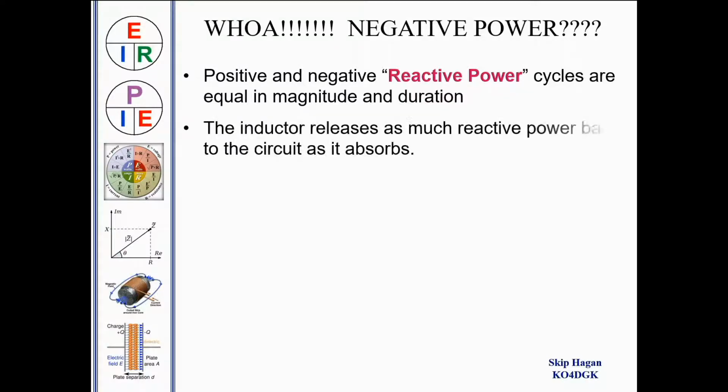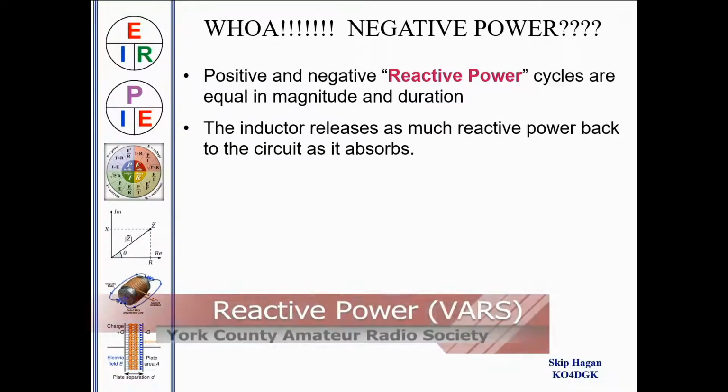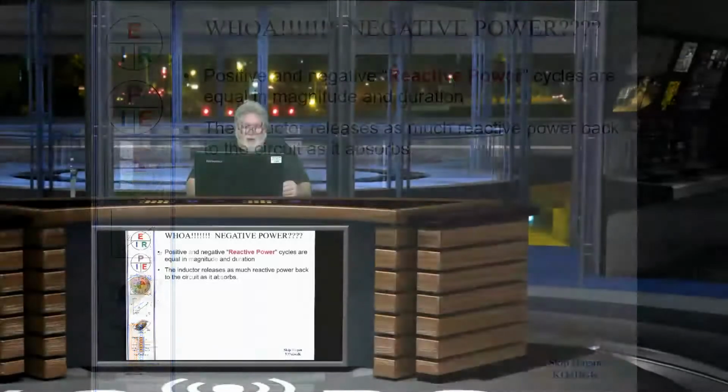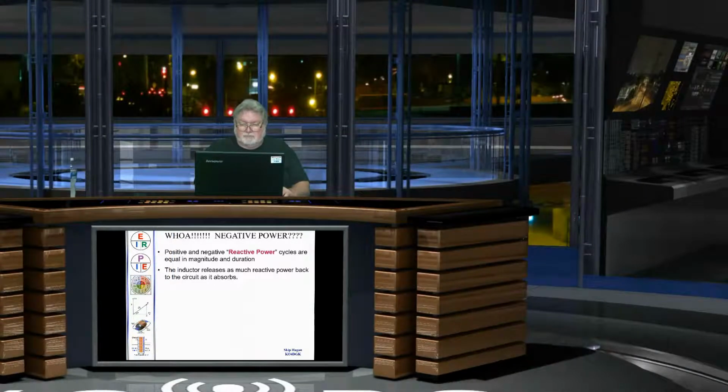The difference is that we have this phase shift, which causes us to have negative power as well as positive power. And because we have this positive and negative power, power goes out on one half cycle and comes back in on the other half cycle.